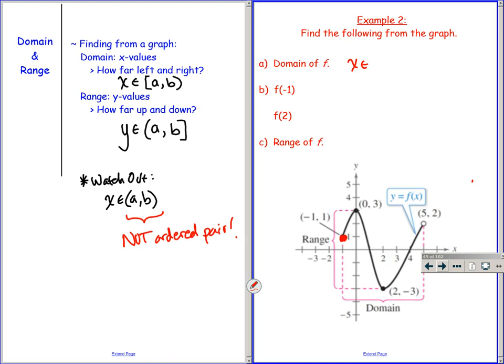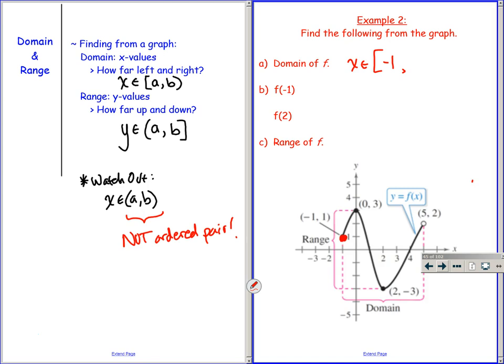It's filled in, it's included, and if it's included, am I closing the circle, filling it in, or am I keeping it open? Closing. So if I'm closing, what is that? Bracket. So my way of remembering it, a bracket closes it. Closed interval is what it's also called. You're filling in the circle.